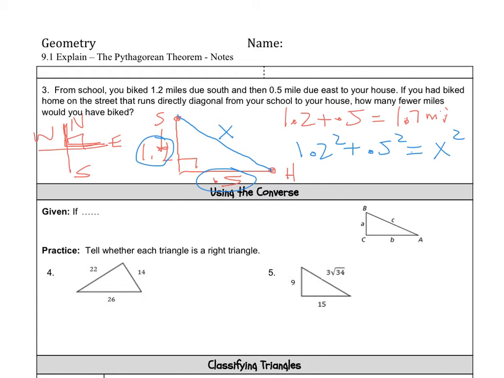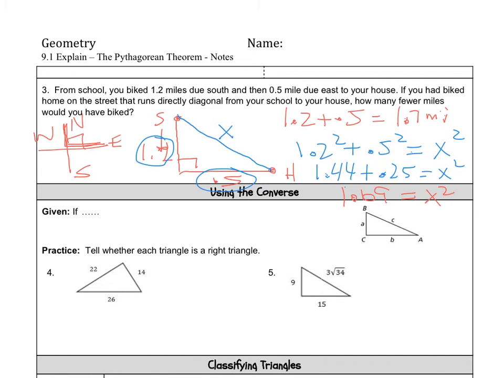Well, 1.2 squared is 1.44, and 0.5 squared is 0.25. Well, so add my two totals together, and 1.44 plus 0.25 is 1.69.